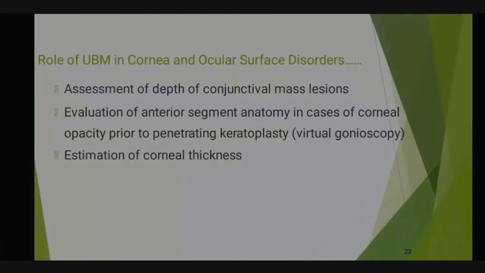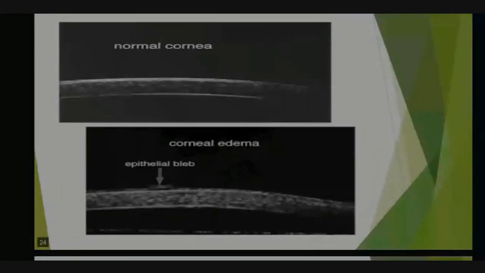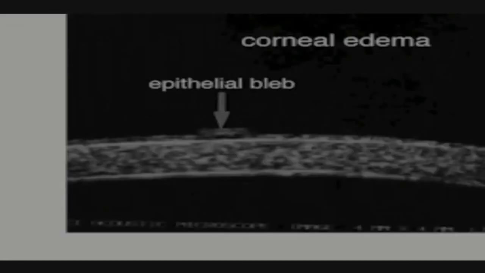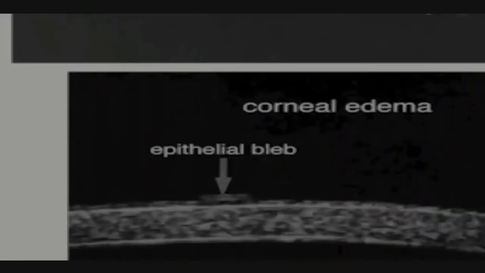Next, we'll go to the cornea and ocular surface disorders. In ocular surface disorders, I told you it is mostly to see the depth of the mass lesion and to see the AC structures in corneal opacities. So in cases of corneal edema, the cornea will appear hyper-reflective. This gap will not be seen. You can see the difference.